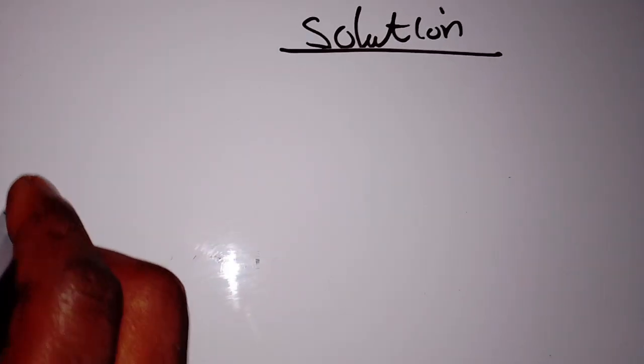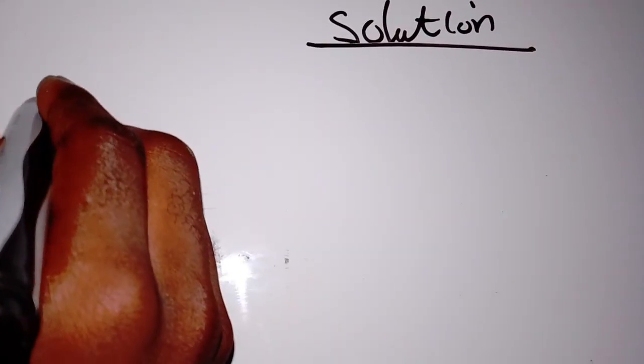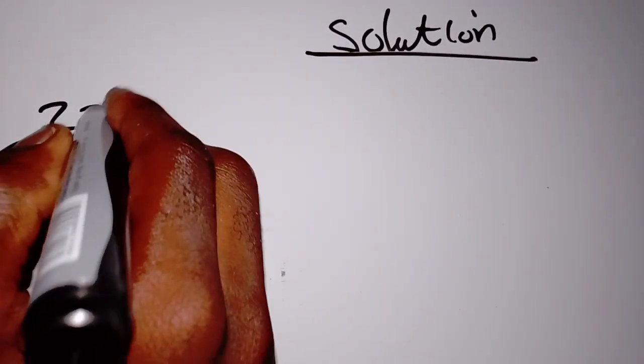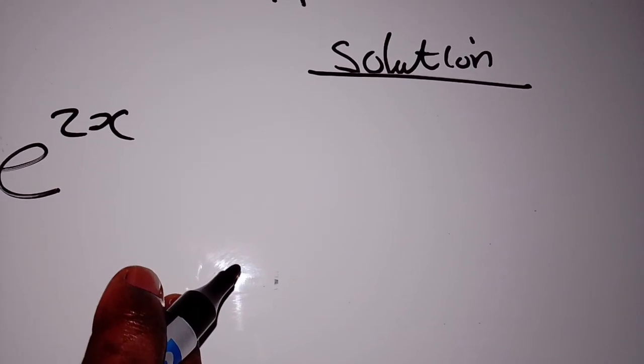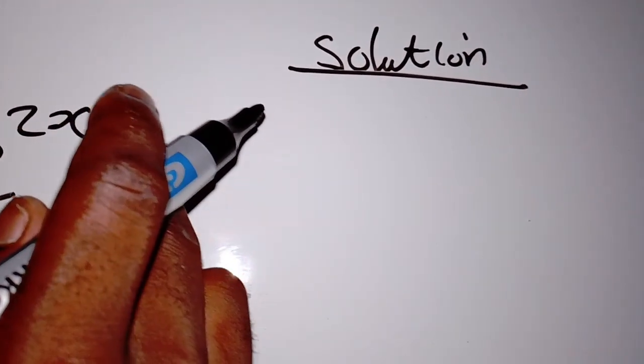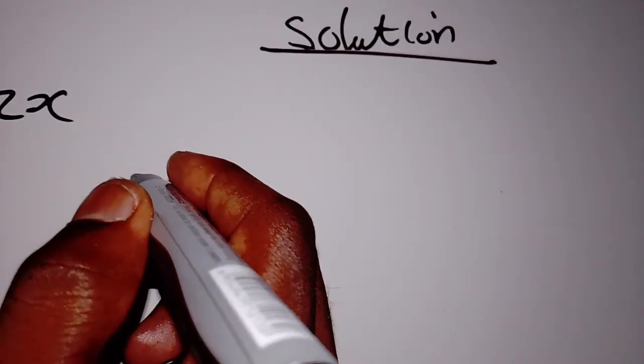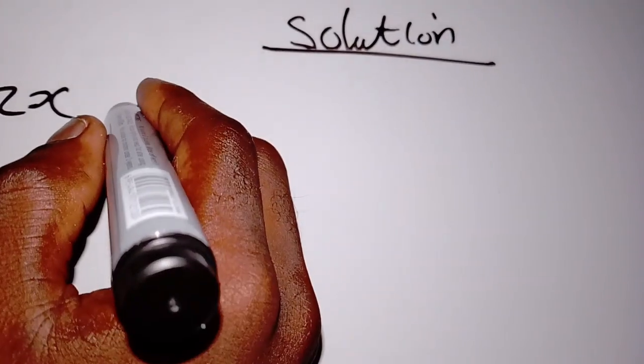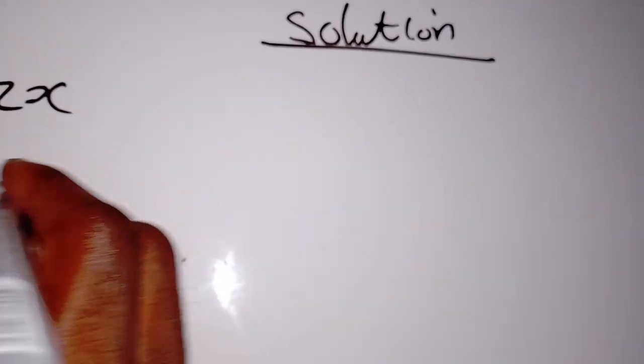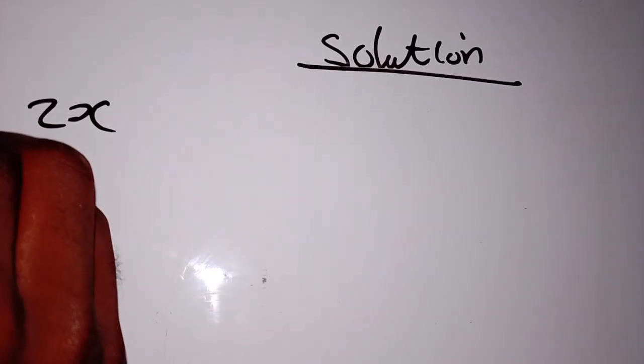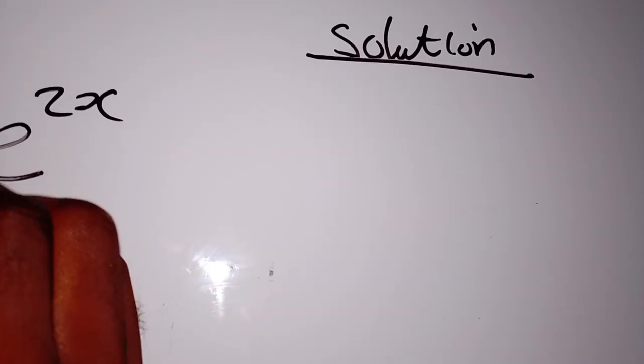You are having e to the power 2x, and then here you are going to have 1 over 2, right?